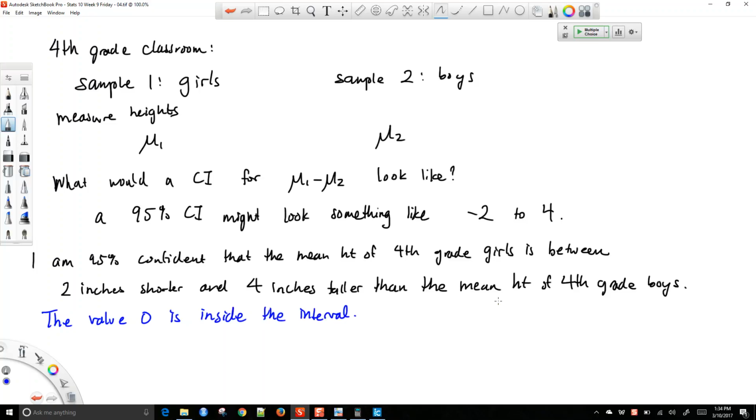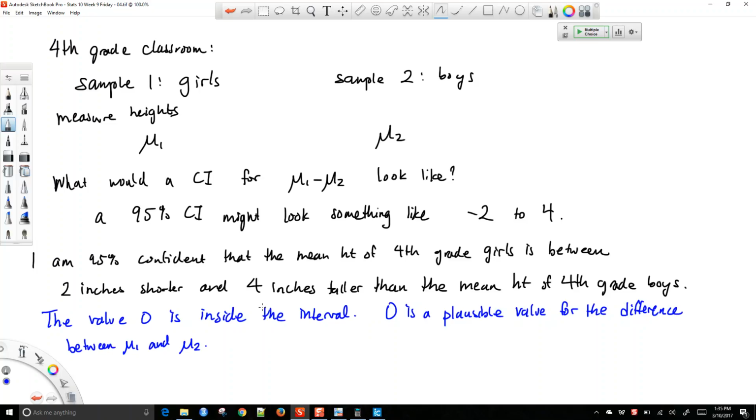And so this means that 0 is a plausible value for the difference between mu1 and mu2. So what does this mean?